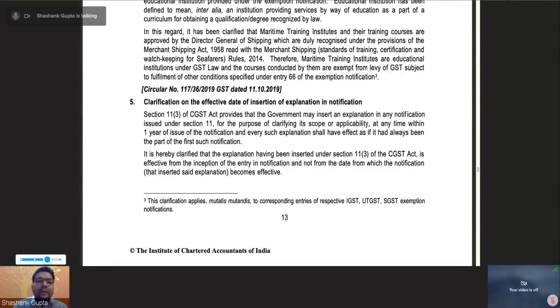Not a clarification, but an explanation in that notification. So it was clarified that if the explanation is issued within 1 year of the issuance of that notification, the explanation will have retrospective effect since the date of issuance of that notification.